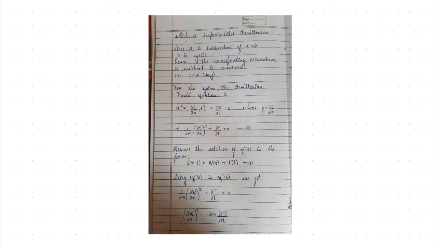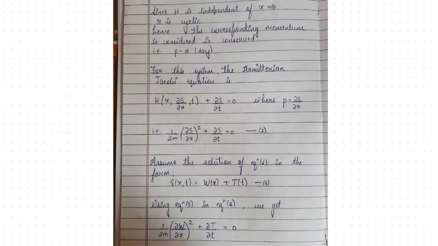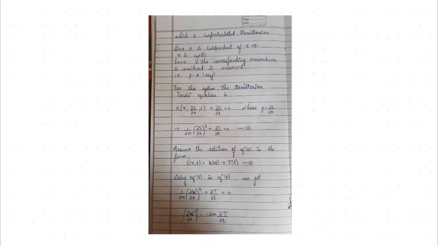So this S would be replaced by W, and this S would be replaced by T, and we are finally here. What I will do is take this term over to the right hand side. So 1 upon 2m (del W by del x) square plus del T by del t, this quantity I will take over here. Now for the left hand side, the right hand side is constant, because it will contain only x terms, and the right hand side will contain t terms.